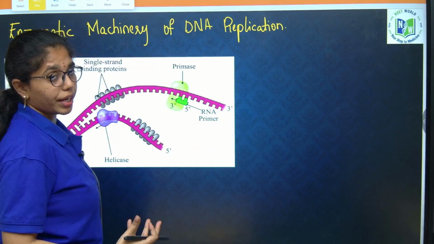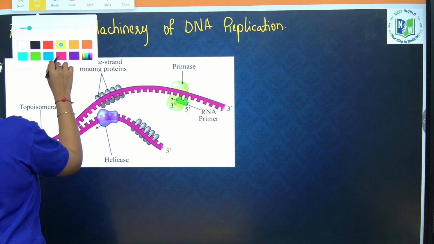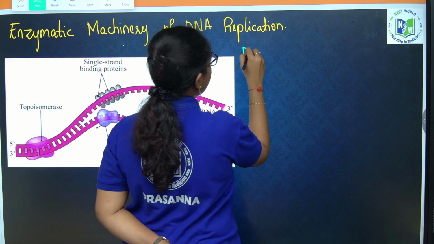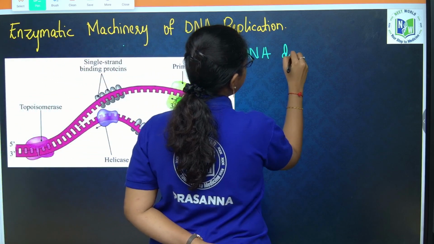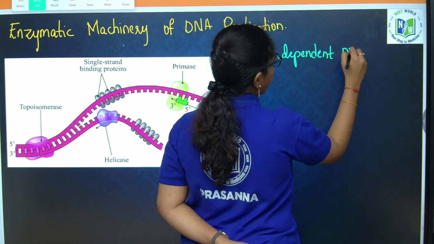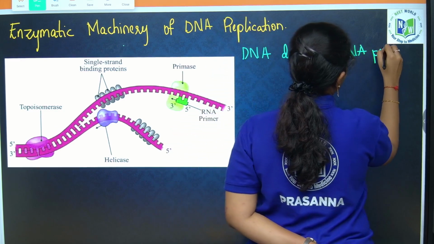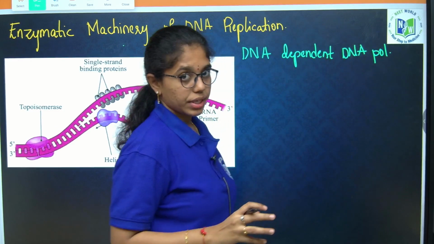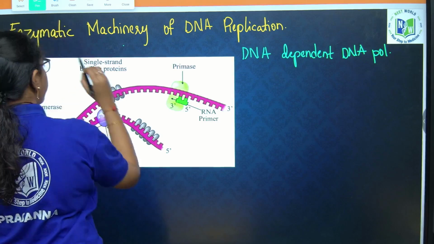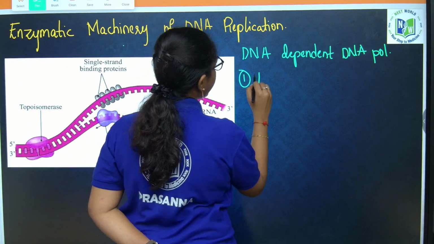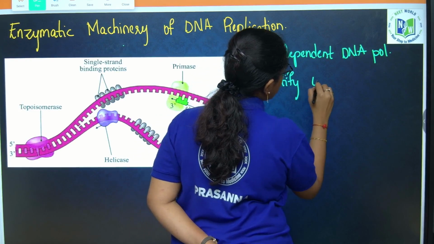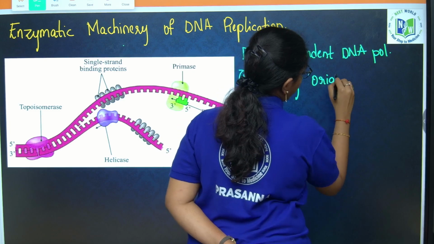As we already learned, the main enzyme which conducts the process of replication is DNA dependent DNA polymerase. But then there are steps to conduct the replication process. The very first step is to identify the origin of replication site.